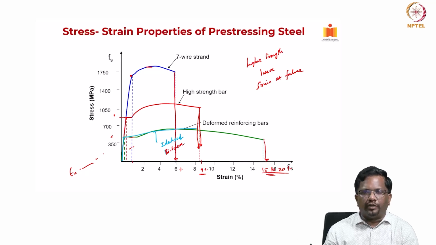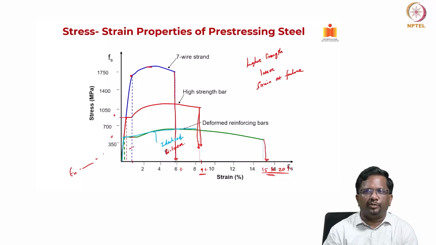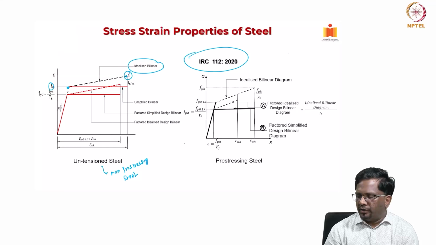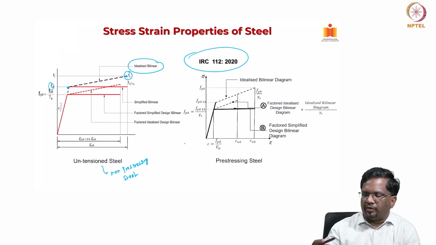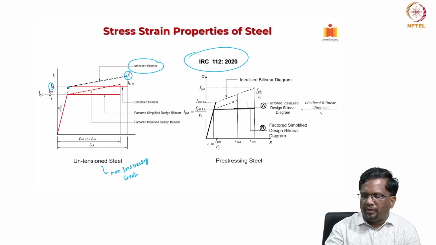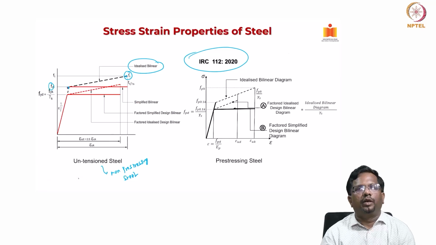This is an idealized bilinear curve. If I convert this green color curve into a bilinear curve with approximation, then it becomes an idealized bilinear curve. So, that is what we have seen here, this black color curve. You get yield strength and you get ultimate strength, right.